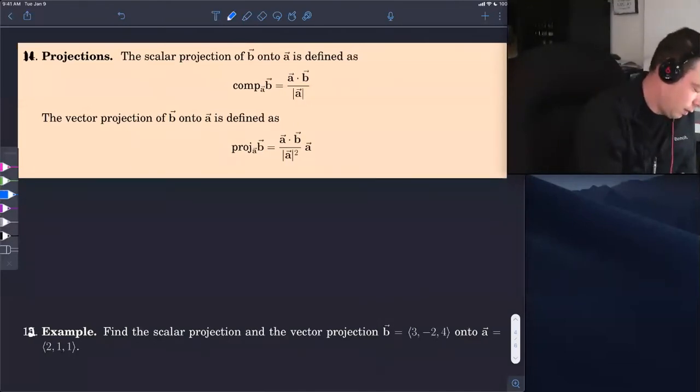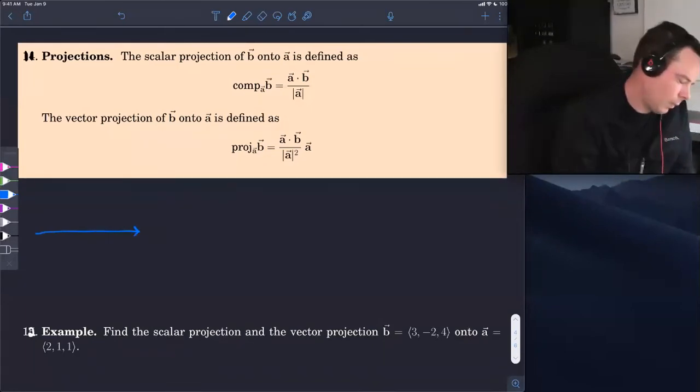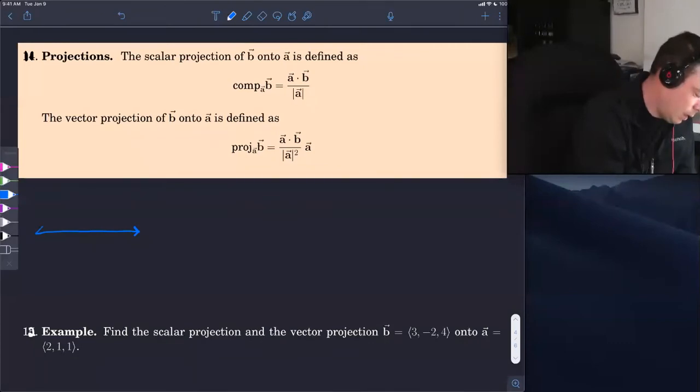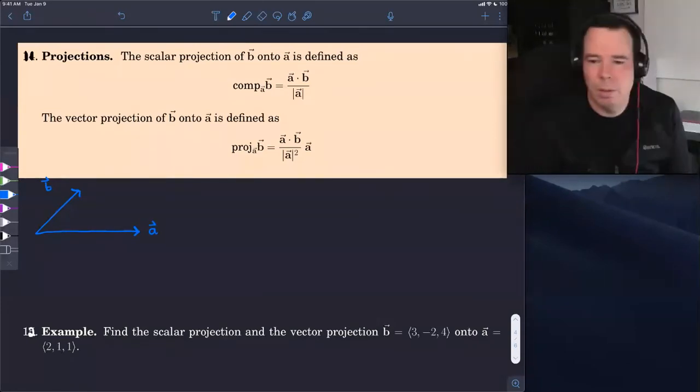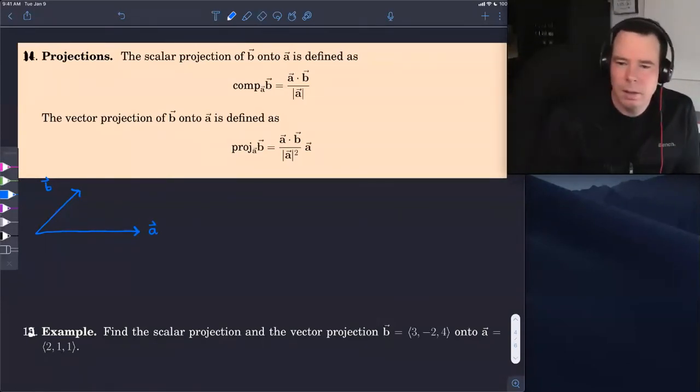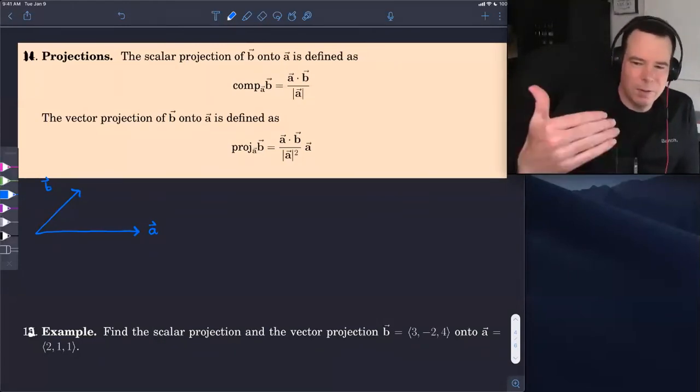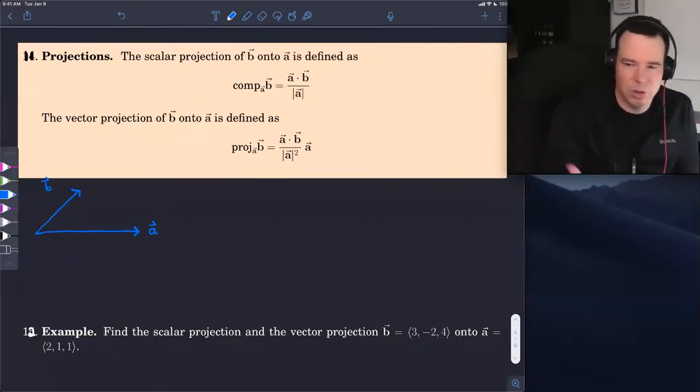I've got a vector A. I'll just draw it horizontally. And I've got another vector B. What I'm interested in is how the vector B, if I was to cast its shadow down onto A, how far does it reach along A?